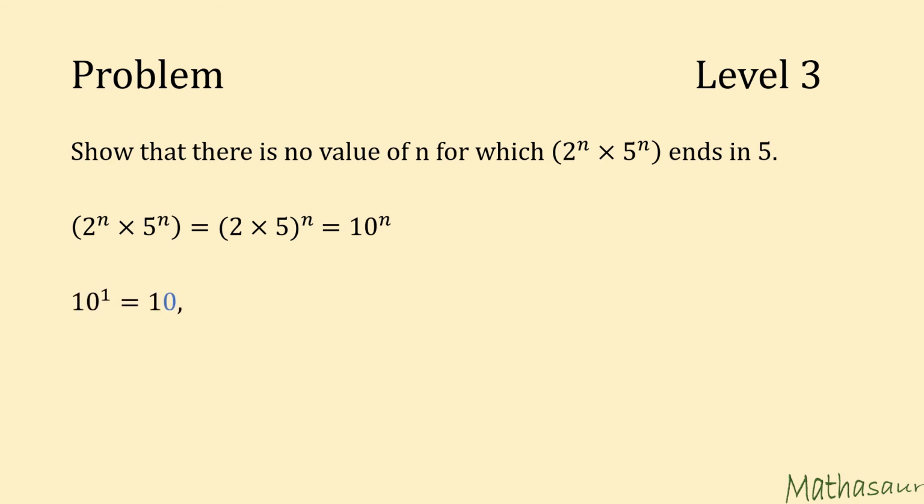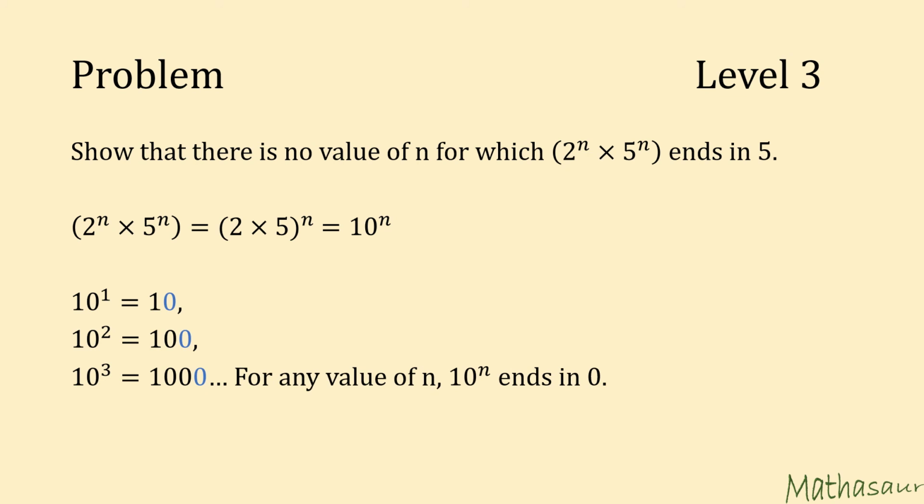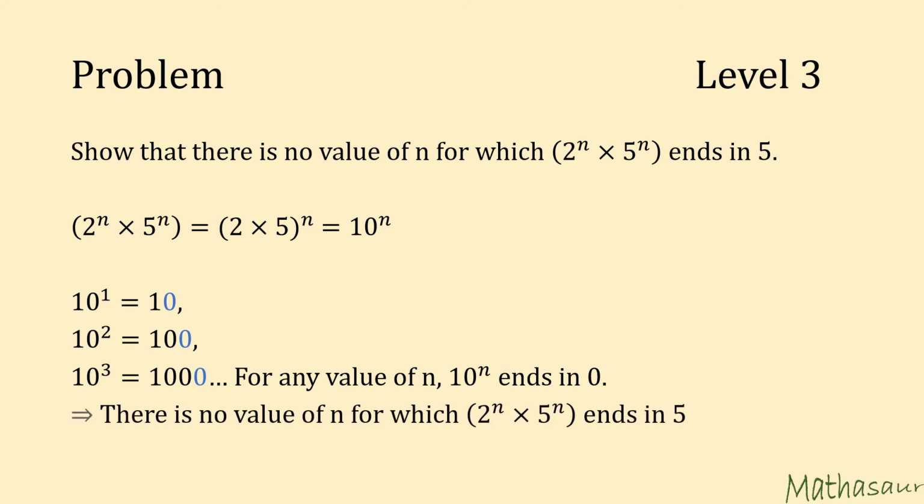Now let us see what happens to 10 raised to the power n for different values of n. Logically, we can see that such a number has to end with 0. So for any value of n, 10 raised to the power n would end with 0. So there is no value of n for which 10 raised to the power n or 2 raised to the power n times 5 raised to the power n would end in 5.